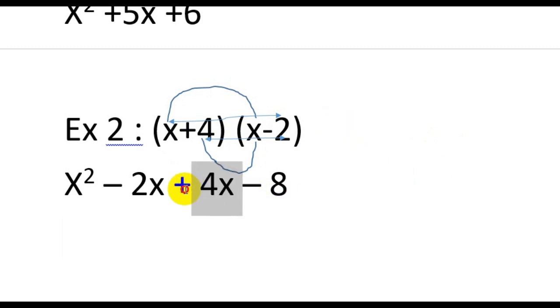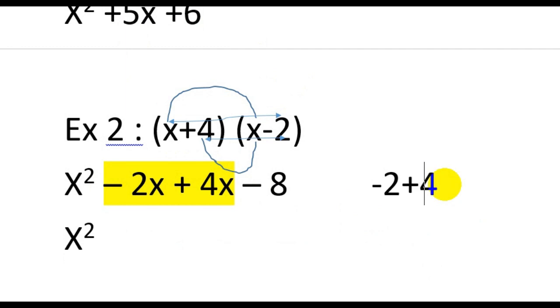As you can see, we have two similar terms that we can simplify further. So x square remains the same. You write x square. Now the question is, we need to simplify minus 2x plus 4x. Most of the time I have observed students make mistakes when it comes to integer calculation.